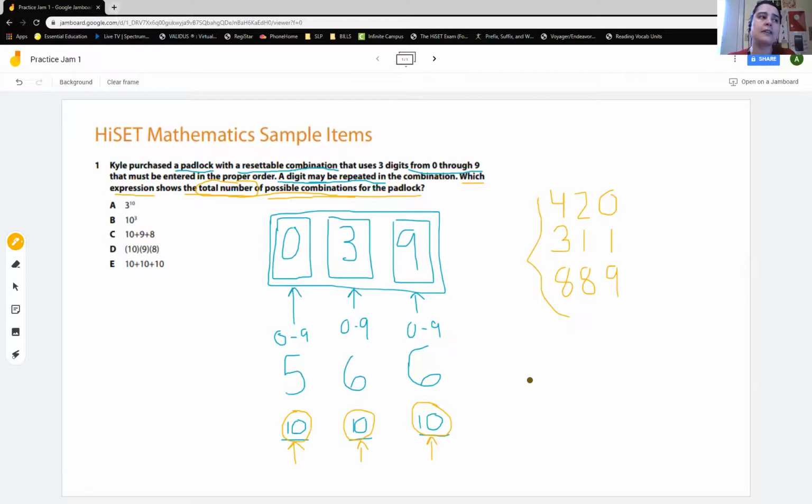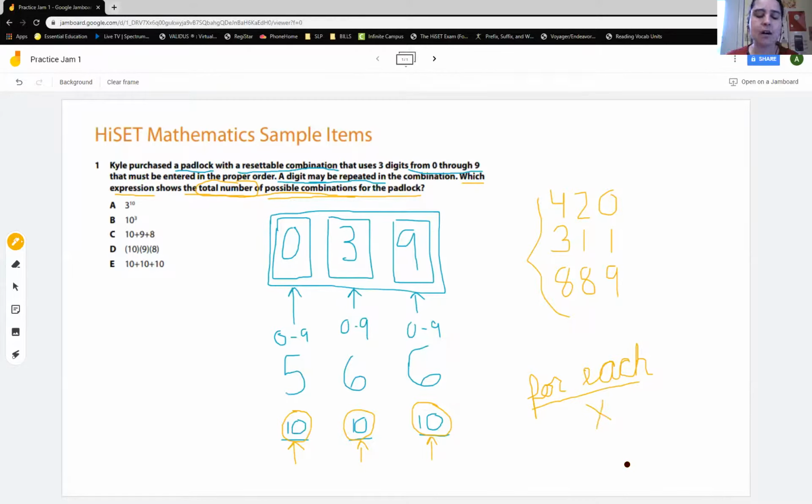So we're talking about this idea of for each, for every, right? And these are keywords that we see when we're thinking about the concept of multiplication, for each, for every. So for each digit in position 1, there are 10 possible digits in position 2, and also 10 possible digits in position 3.